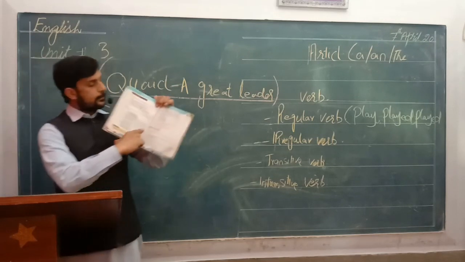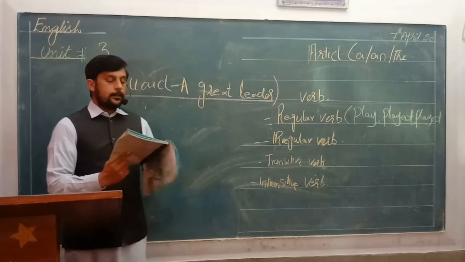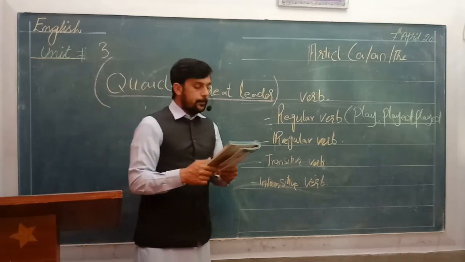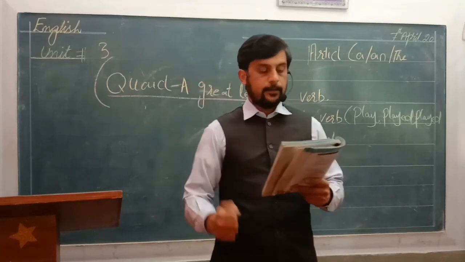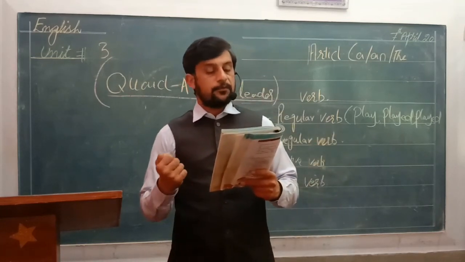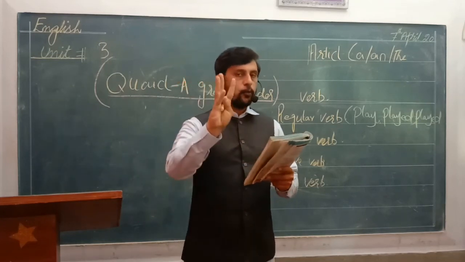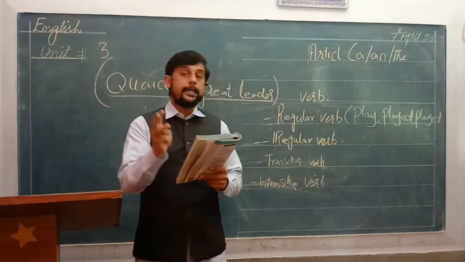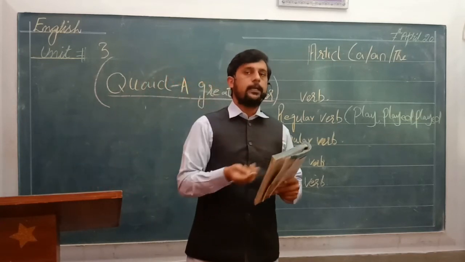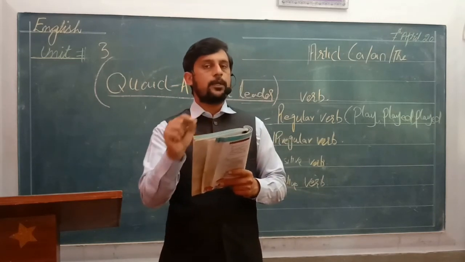Now come to page 32, exercise B. Here, find the regular verb in each line and write it in the space provided. Read, feel, play, see. Here we have got 4 verbs. As I told you earlier, regular verbs don't change their form completely.